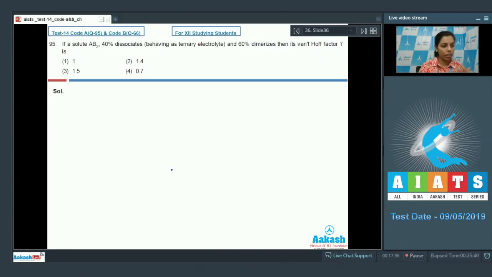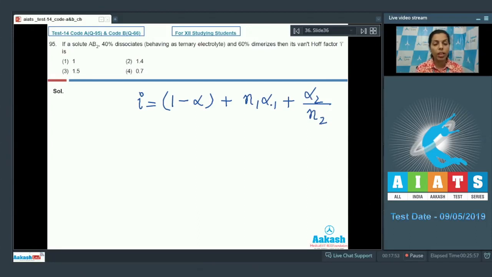In this case, I can give you a simple formula with the help of which you can find out. i value is equal to 1 minus alpha, where alpha is the number of species obtained after association or dissociation of 1 mole of substance, plus n1 alpha 1 (degree of dissociation) plus alpha 2 by n2. In this case, alpha 1 I am taking for the process of dissociation, and alpha 2 I am taking as the degree of association, meaning for the dimerization process.